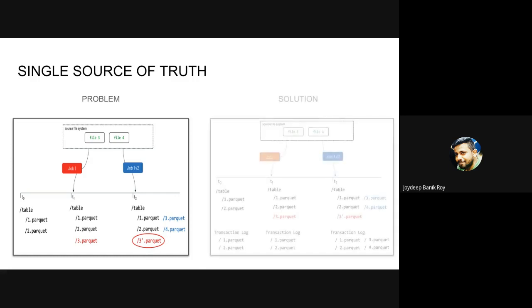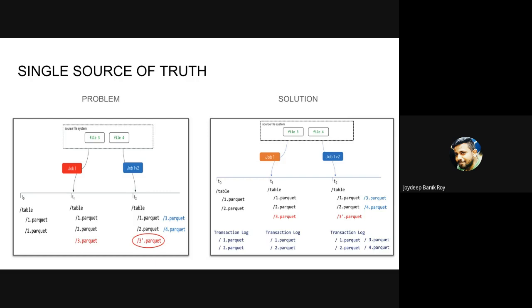And then what did Delta do as a solution? Delta introduced this concept of the transaction log, the Delta log. After writing your 1.parquet and 2.parquet, job 1 starts at T1, tries to write 3.parquet and 4.parquet, but it fails. Even if it has written 3.parquet, it's not recorded in the transaction log.